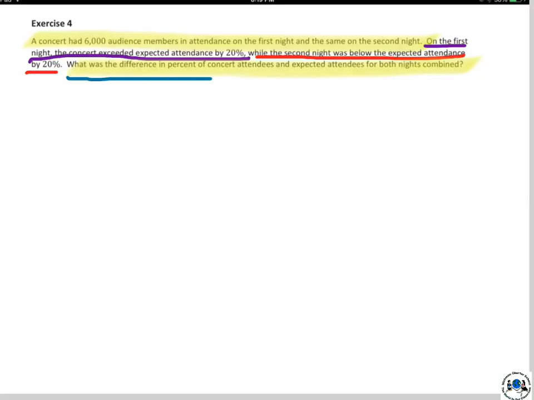What was the difference in percent of concert attendees and expected attendees? So what we need to figure out is the concert attendees are going to be easy because we know there were 12,000 total. That's 6,000 plus 6,000. But we need to solve for this expected attendees, okay?